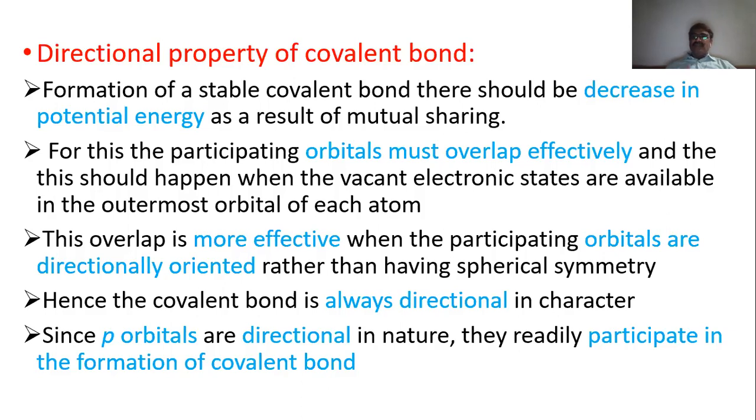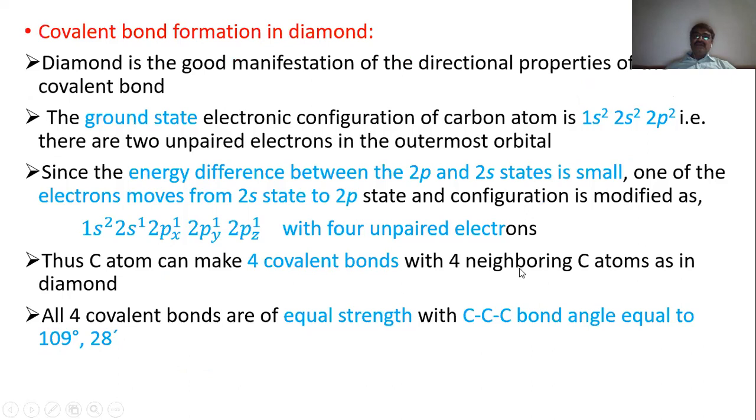So the important thing is that the covalent bond forms in the specific direction, and that direction is decided by the p orbital, which is directional. Because if the directional orbitals overlap, the overlap will be effective and the covalent bond will form. So since p orbitals are the orbitals that participate and are directional, the covalent bond is directional. It takes place in the specific direction.